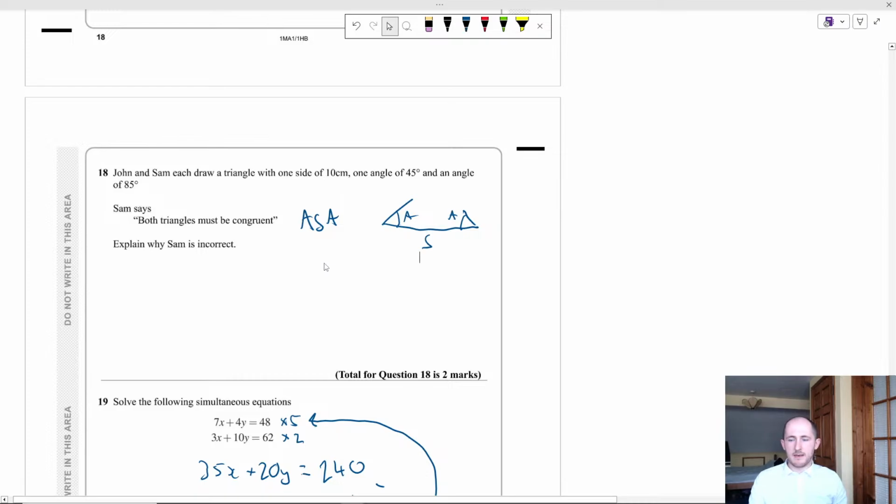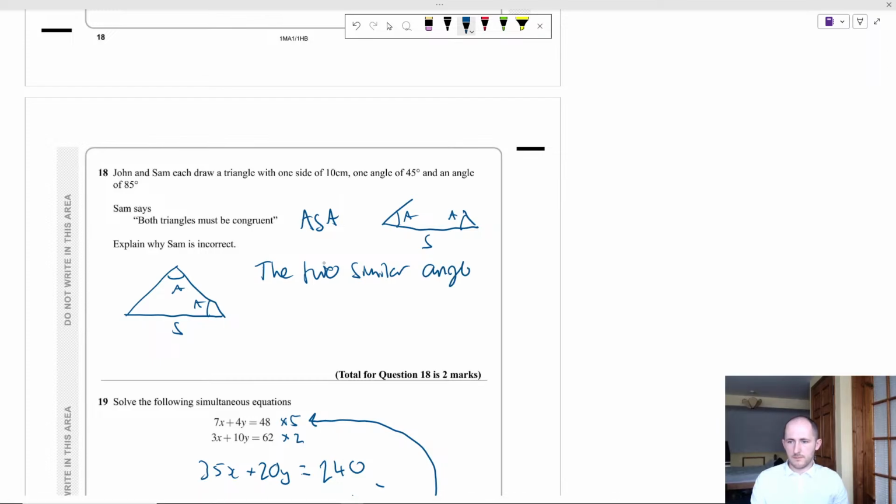So it could simply be that the actual angles that are the same are completely unrelated to the sides. So we have to say that the two similar angles may not have a shared side.